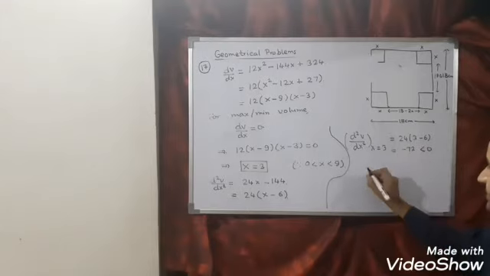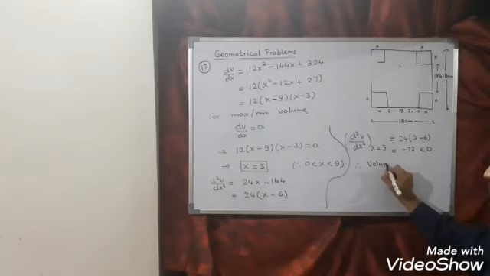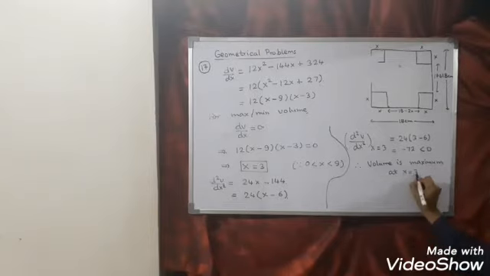If the second derivative is negative, what can we say? Therefore, I can say volume is maximum at x is equal to 3.